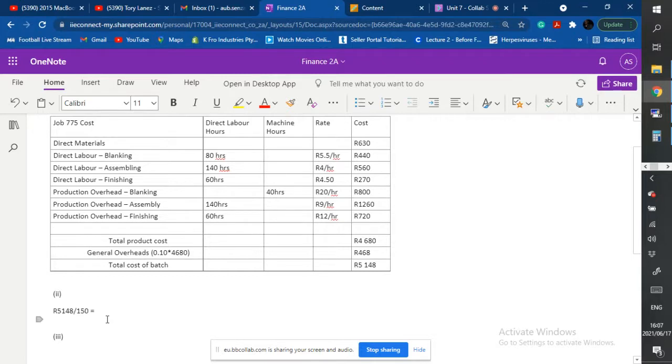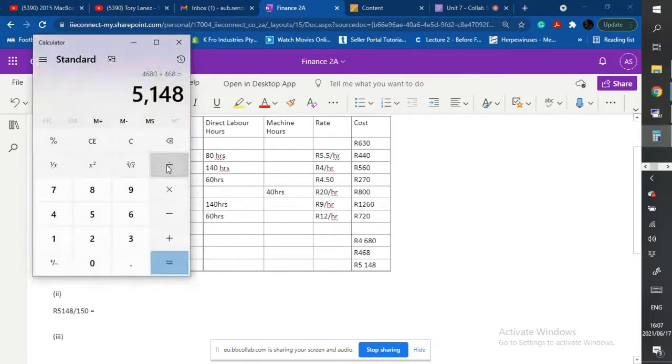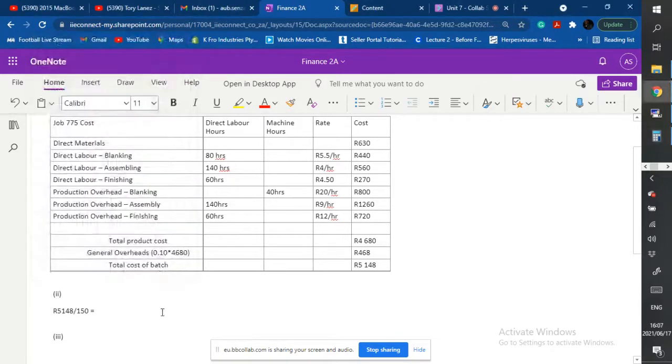Okay, and then you get your unit cost, which is what? Let's quickly see. Divided by 150. Okay, 34.32.